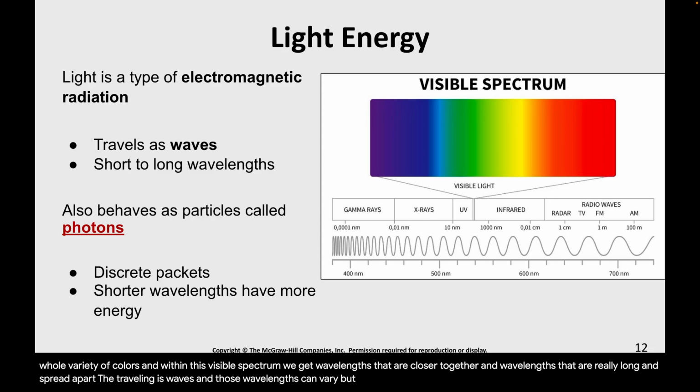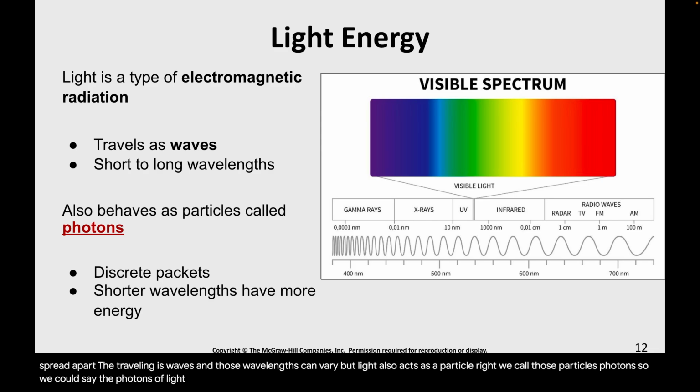But light also acts as a particle, right? And we call those particles photons. So we could say the photons of light are being absorbed, or the photons of light are hitting this surface. They move as waves, but they act as particles called photons, very discrete packages of light.